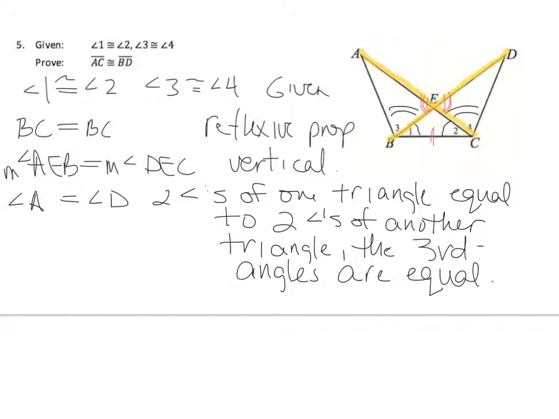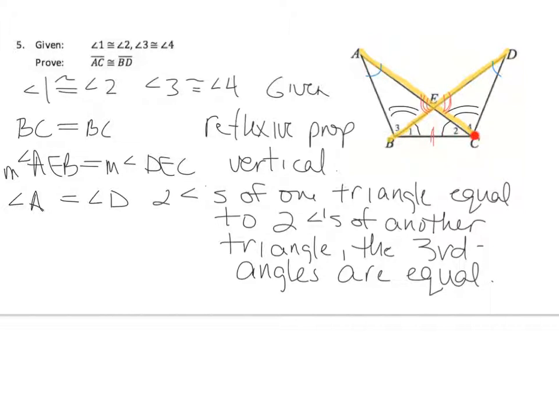Because the angles inside a triangle always equal 180. So if you've got two angles of one triangle equal to two angles of another triangle, then the third angles are congruent too. So if I look at this triangle right here, let's see, I have angle and angle.